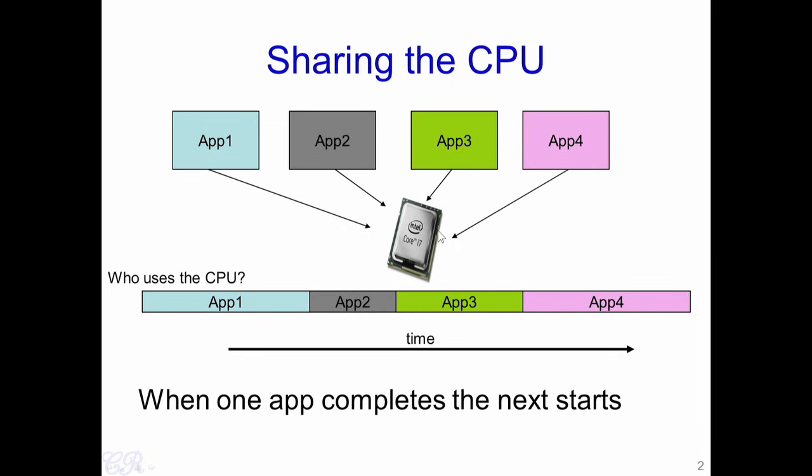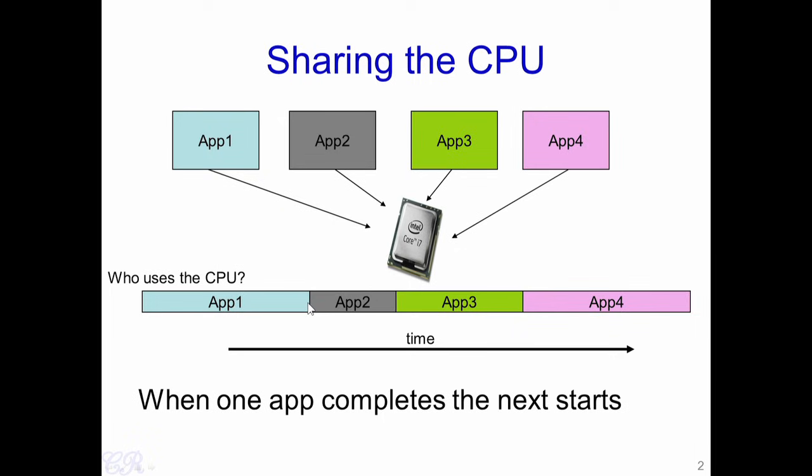One very simple thing that the operating system can do is to put one application onto the CPU and let it run till it completes. For instance, a very primitive operating system such as MS-DOS would start an application and make it execute in the CPU until it completes.